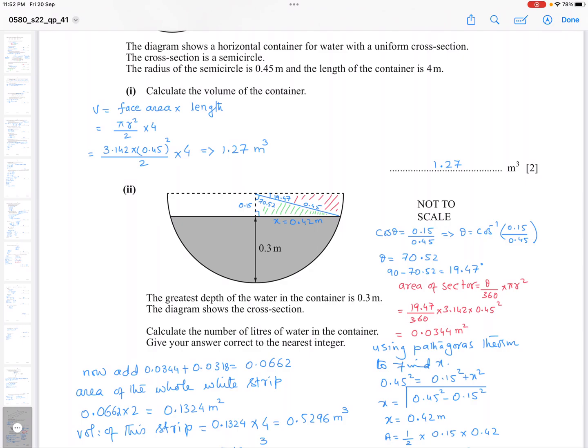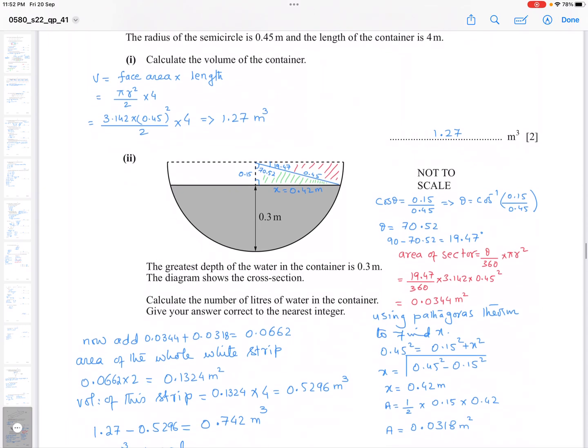Now, using the Pythagoras theorem to find x, you can see in the blue writing in the shaded portion. So 0.45 squared is equal to 0.15 squared plus x squared. So x is 0.42 meters, this length.